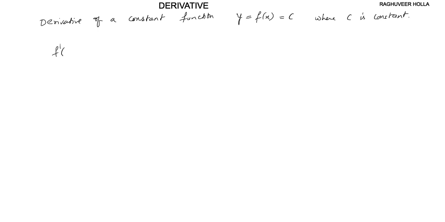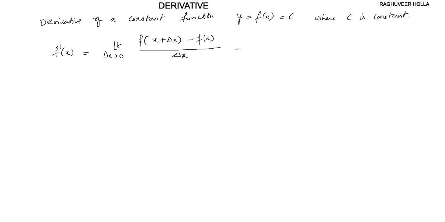So f dash of x is the limit as delta x tends to 0 of f of x plus delta x minus f of x, divided by delta x, right?